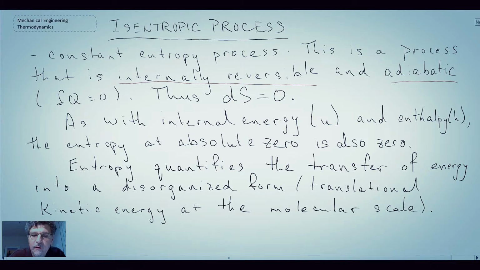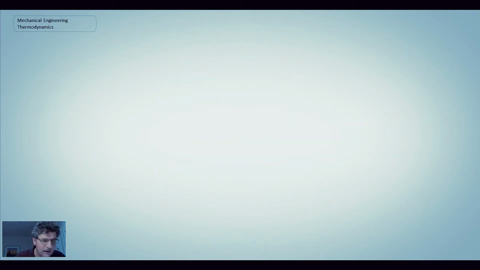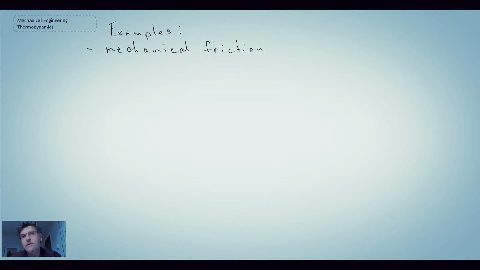What we're going to do now is take a look at a number of different examples of entropy generation. The first one is one that you can actually test on your own, and that is mechanical friction. Whenever we have mechanical friction in the systems that we're studying, work is being converted into random thermal energy within the system.